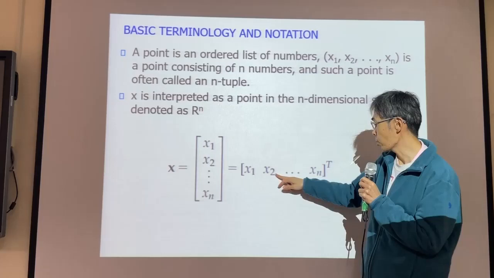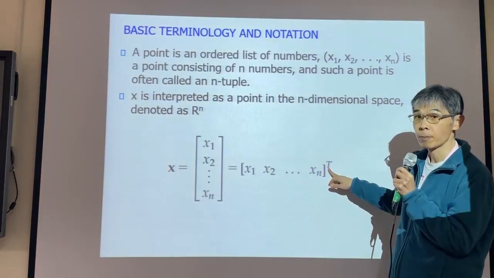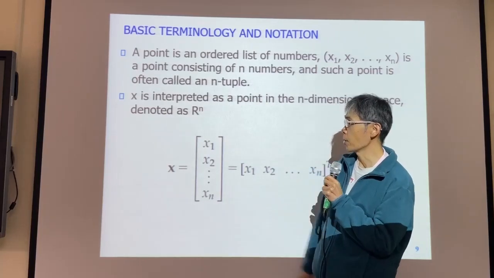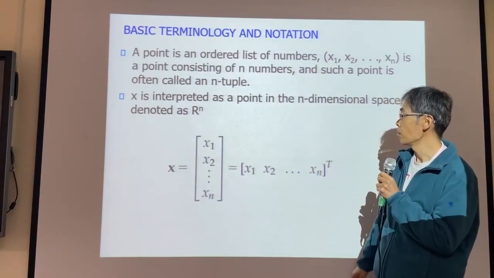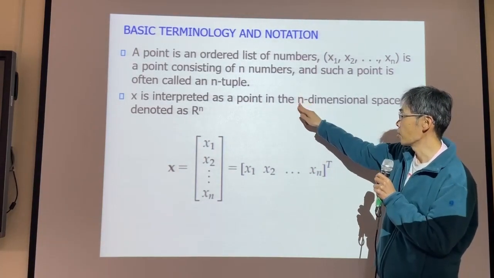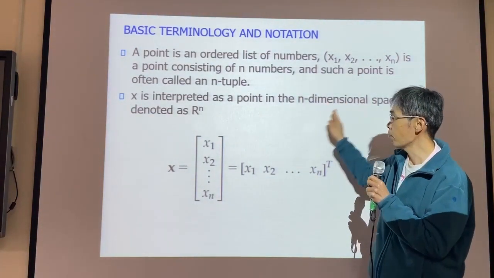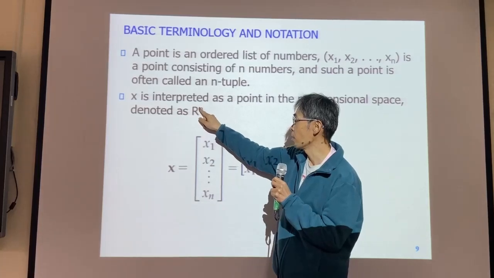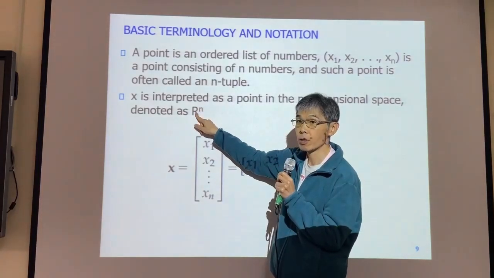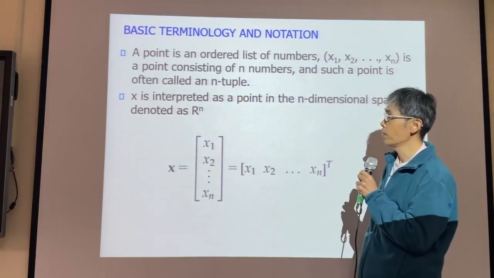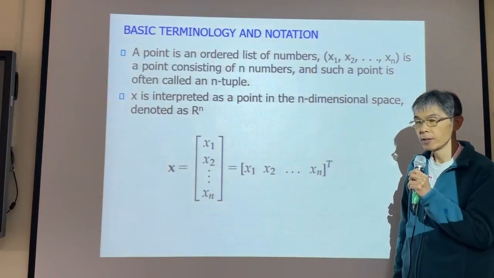So (S1, S2, S3) transpose. The row vector can become a column vector. So for this point, n is 3-dimensional. We can have a symbol: R3 means 3-dimensional space. R2 means 2-dimensional space. Okay, so far so good.